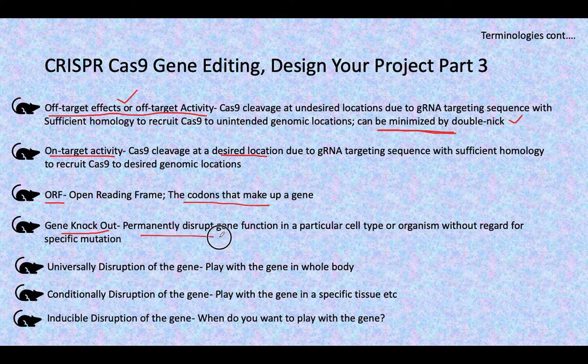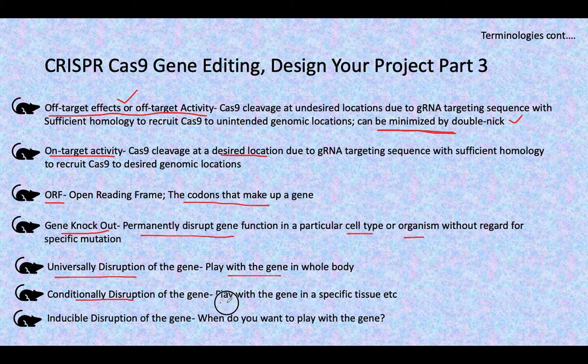Gene knockout, you permanently disrupt that gene in a particular cell or organism. You don't care that later on you will need this gene in that organism, so you just take it out from that cell or organism. Universal disruption, you play with that gene in the whole body of that organism.